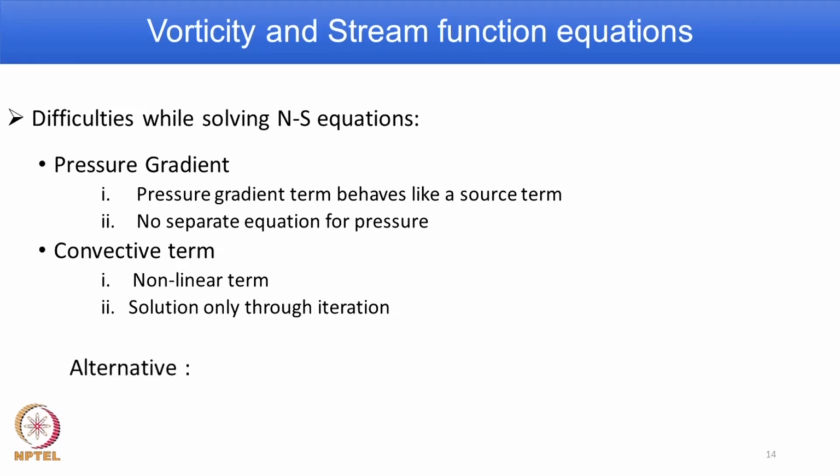So, can we have an alternative to overcome these two main difficulties? If you can eliminate the pressure term, and get an equation where such nonlinear behavior does not appear, such an alternative approach is what is known as the vorticity stream function formulation.